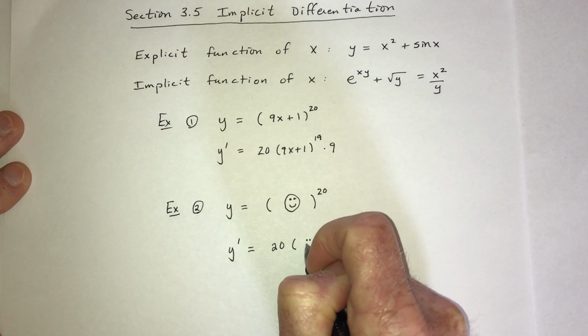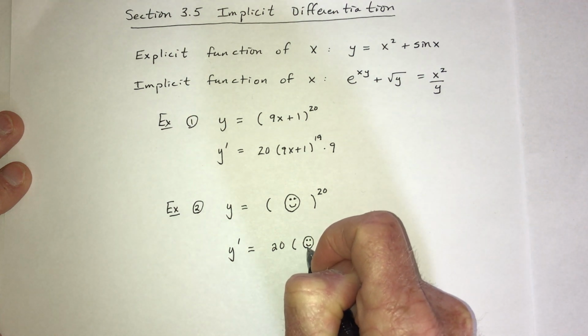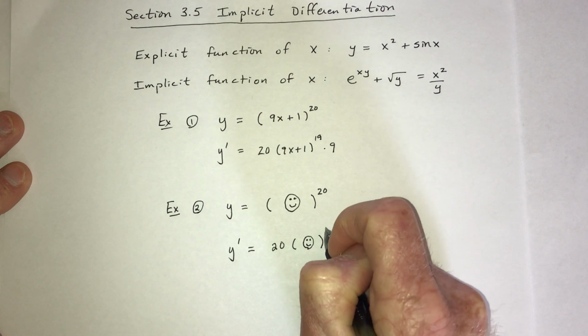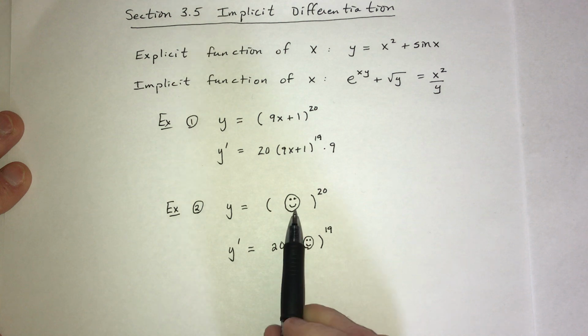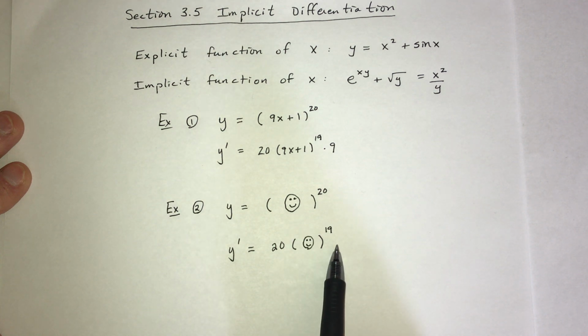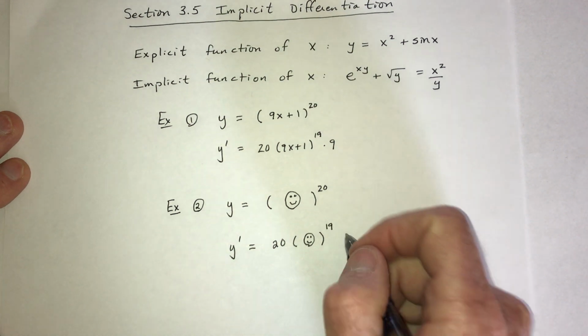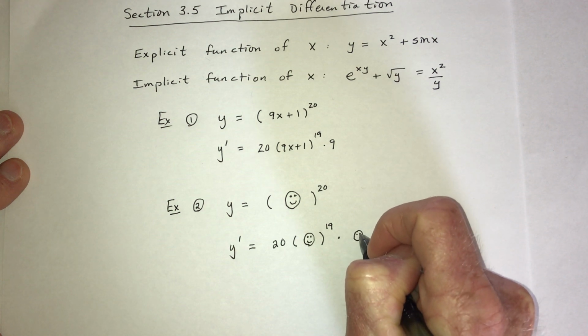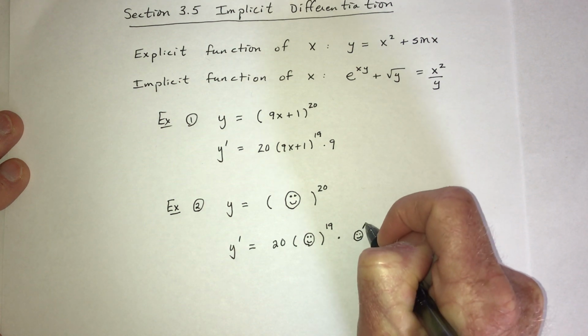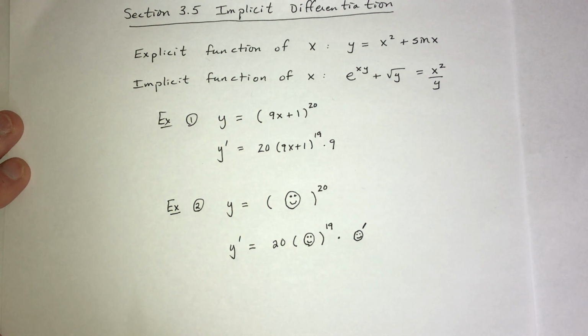The happy face can just sit there while I'm taking the derivative of this outside function. And now I need to do the chain rule, take the derivative of happy face. But I don't really know what the derivative of happy face is, so what I have to do is say, here's happy face, and there's the derivative of happy face.